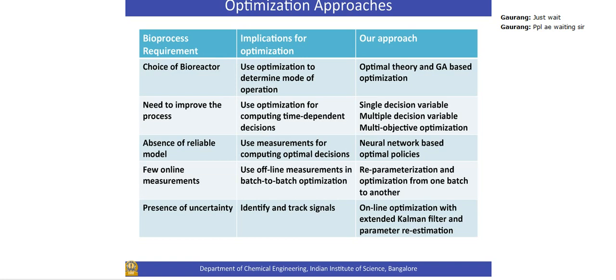So we have done this, trying to use the optimization tool to determine, for a given process, what kind of reactor will give me the best performance. Is it batch, semi-batch, or fed-batch? In biological terms, a semi-batch reactor is also called a fed-batch reactor, or continuous.